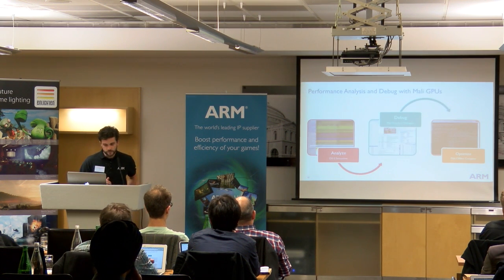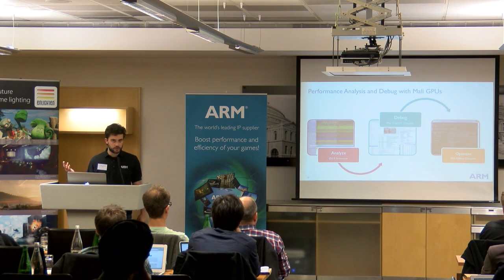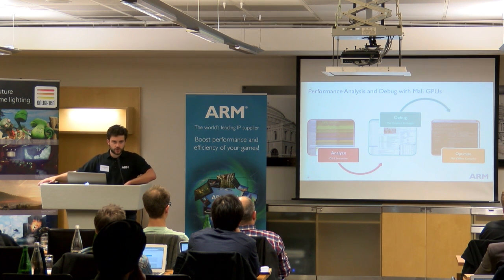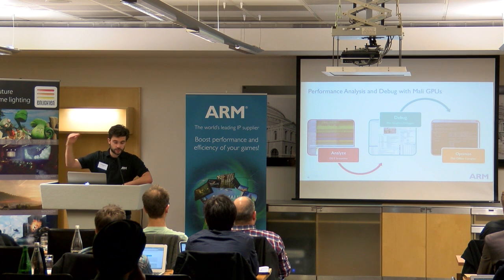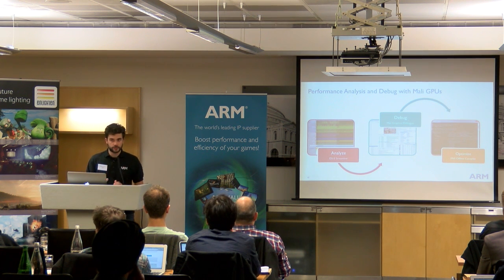So the workflow, when it comes to performance analysis and debugging, is this for graphics. We usually analyze the game using Streamline. So we get all these nice charts showing basically every part of the hardware and software, how busy they are, if there are cache misses, if the GPU is stalling, waiting for memory. And then this is to identify what the bottleneck is.